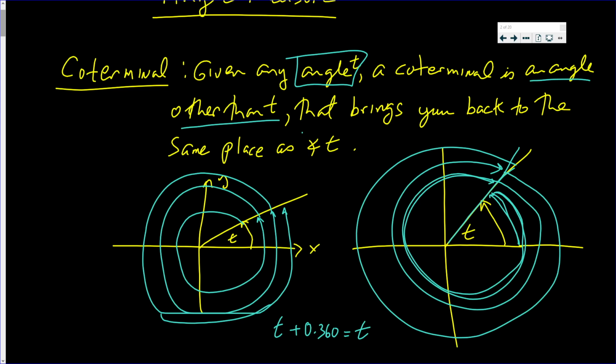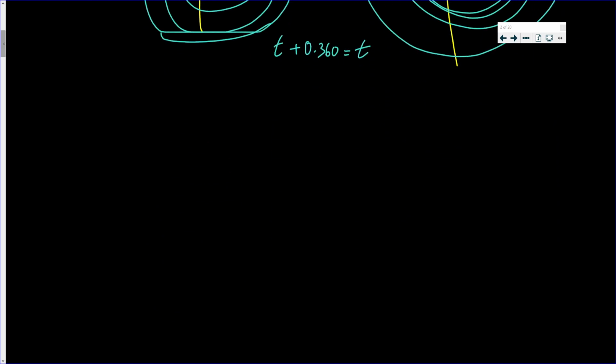So you just can't add 0 times 360. You can add 9 times 360, 33 times 360, or negative 12 times 360. It has to be an integer multiple of 360, but not the 0 multiple.